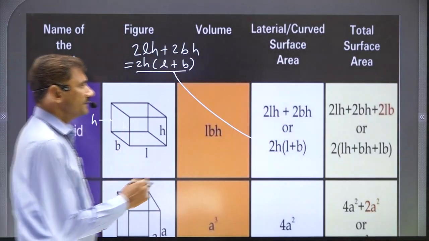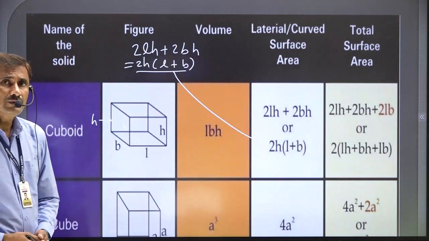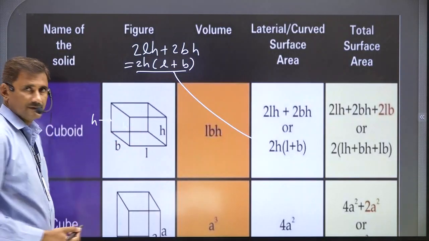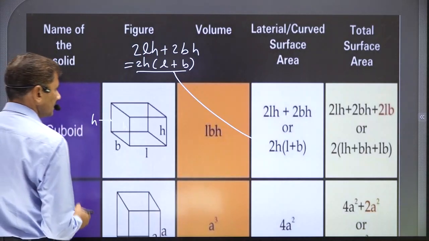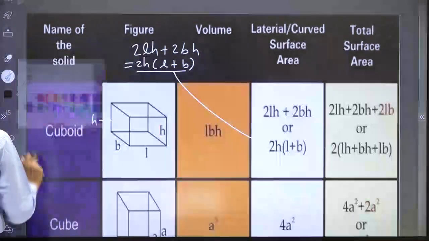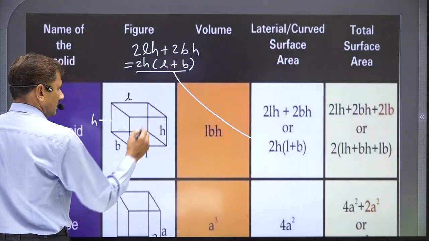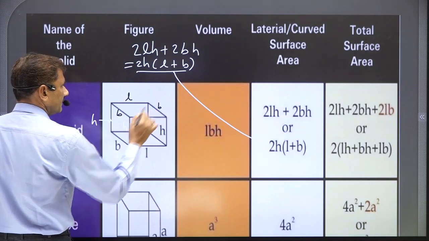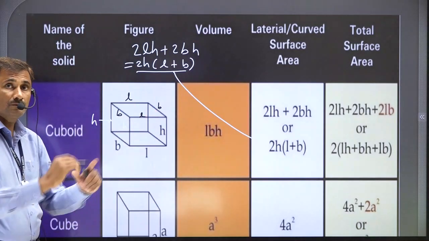Now in the same way, what is not counted so far? We have not counted the top and bottom surface. What are the top and bottom surfaces here? Let's see. Here this is L and this is B. So here L into B at the top.